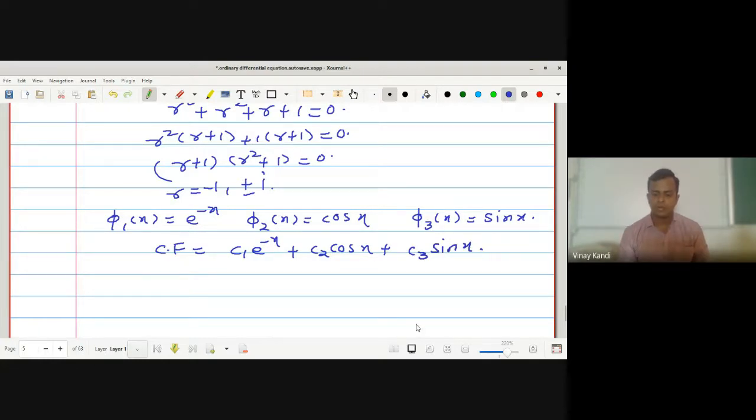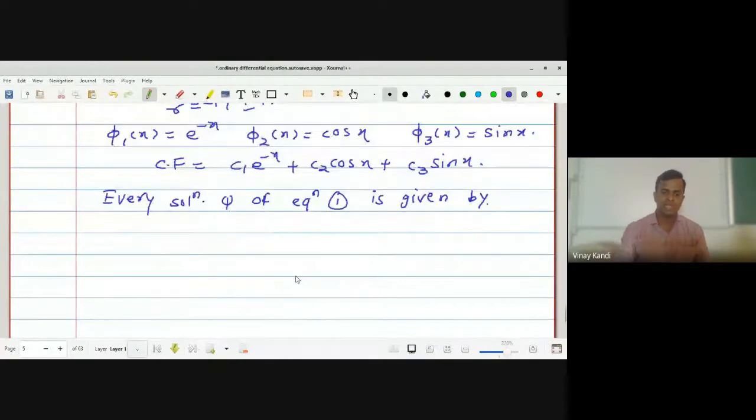Now we know that every solution psi of equation 1 is given by psi is equal to summation i running from 1 to 3, here n value is 3, so c i into phi i plus psi p.